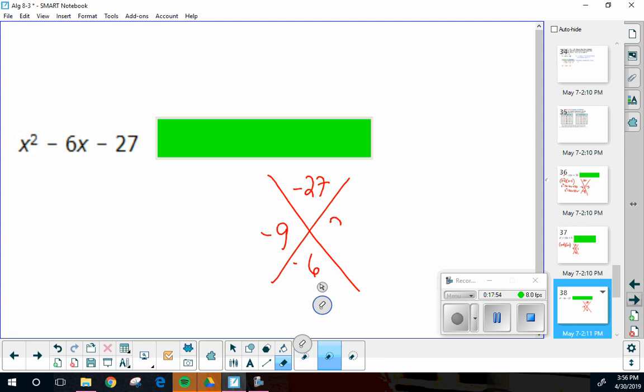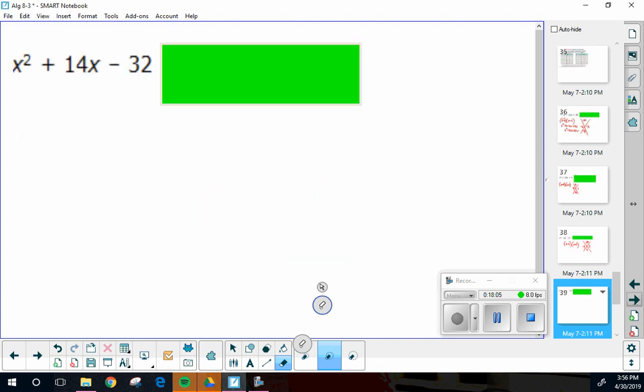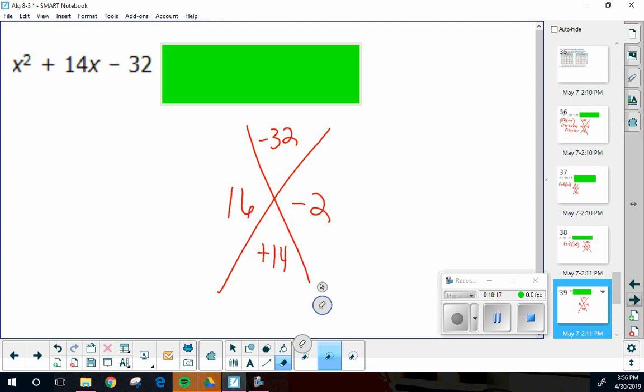That's a positive 3. So our answer is x minus 9, x plus 3. This is negative 32, positive 14, 16, negative 2. So our answer is x plus 16, x minus 2.